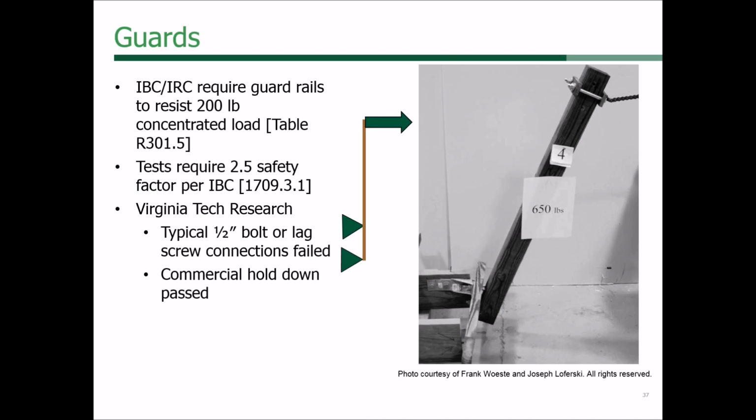Since that time, the hold down tension device manufacturers have come out with better options that are easier to install and would have the zinc or galvanized protection and all that. But it's still a very, very controversial issue.